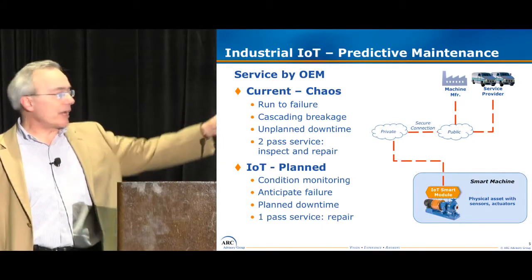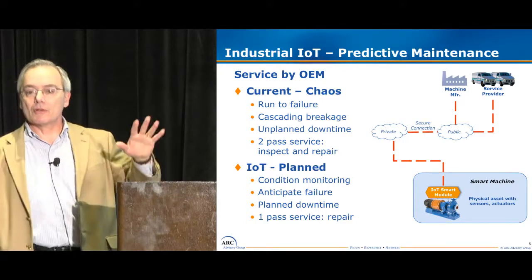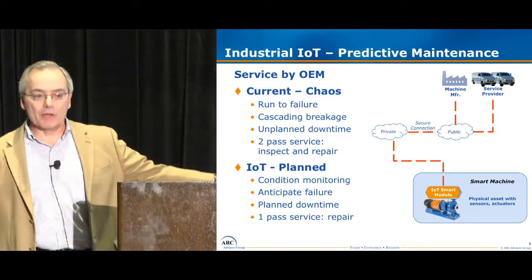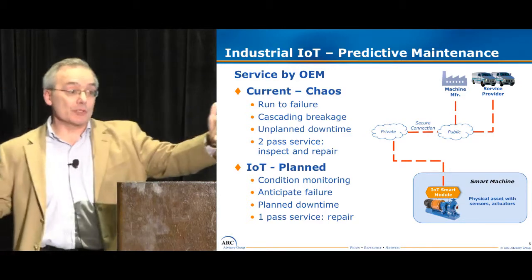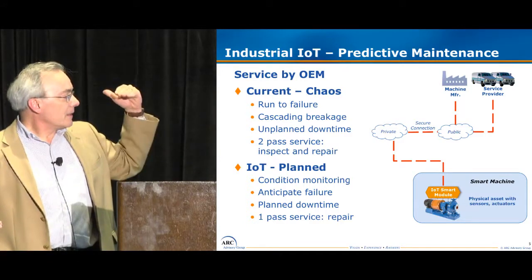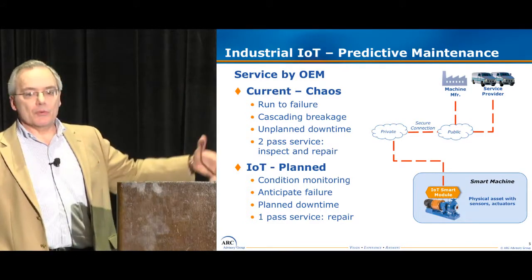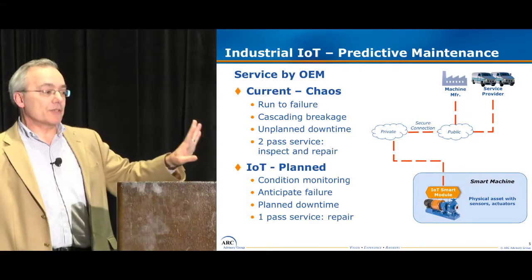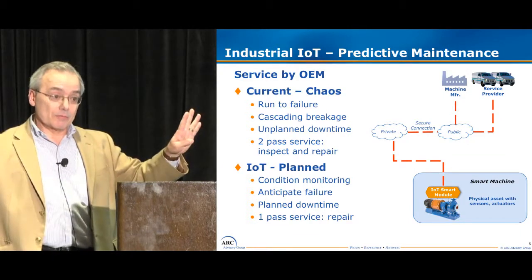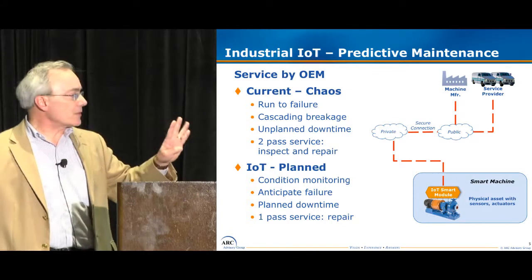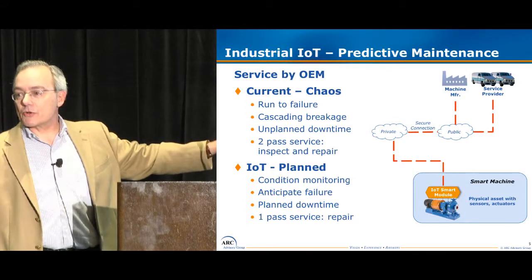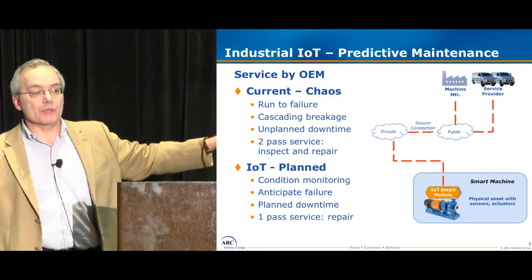So the machine manufacturer tells the end user that there's a problem, they schedule the maintenance, it's one pass, the machine manufacturer already knows what the problem is and shows up with the spare parts. So we move to a situation where, and this is, I know, a radical thought process, and it's probably pretty distant in the future, but we can start talking about not having internal maintenance departments for a large portion of the equipment.